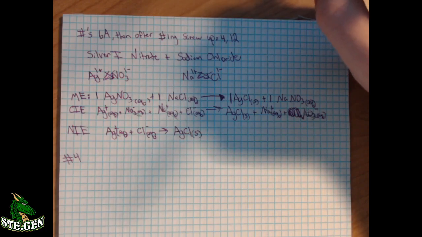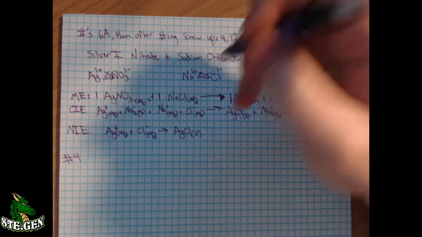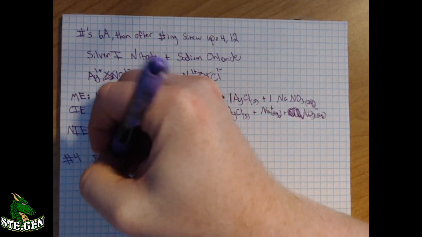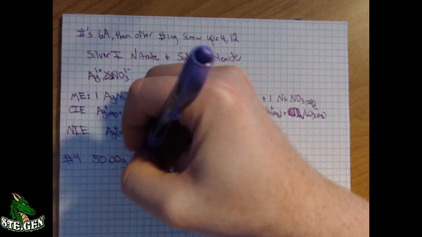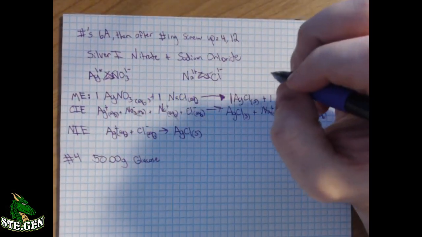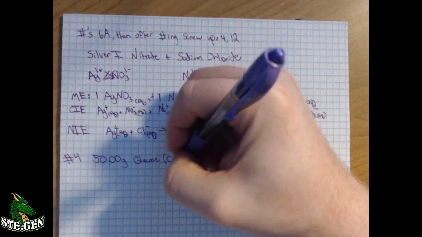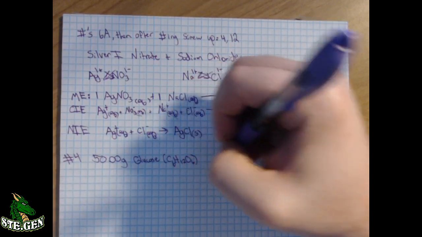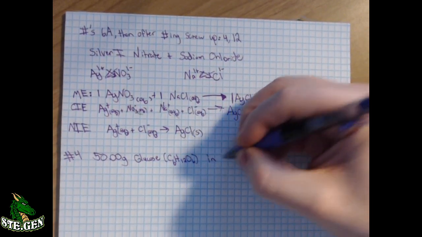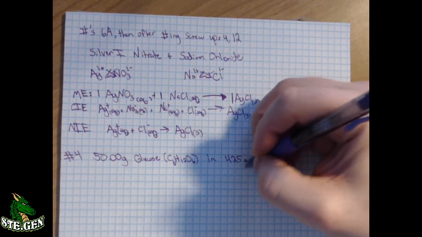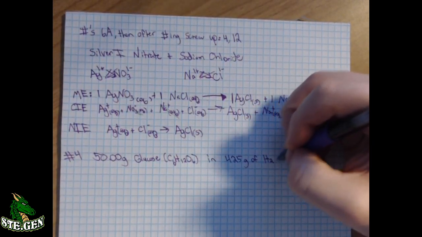So that question says, as I started reading a second ago, a solution has 50.00 grams of glucose, which is, just in case you're not familiar, C6H12O6, and it's in 425 grams of H2O.